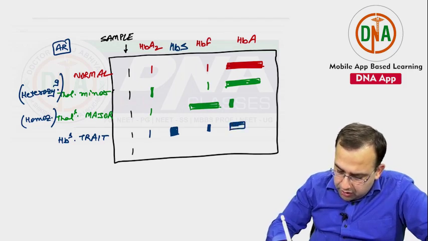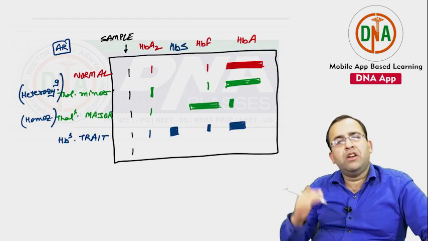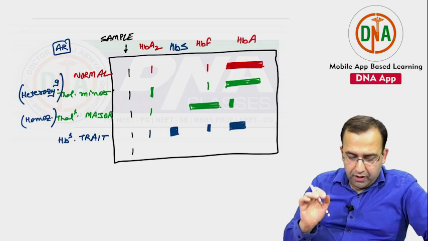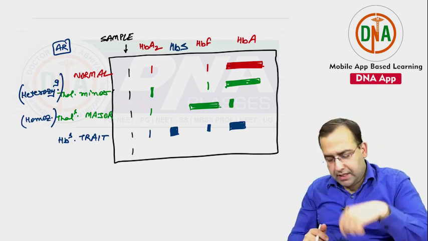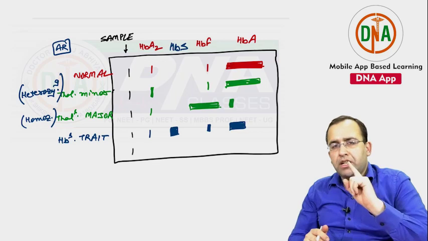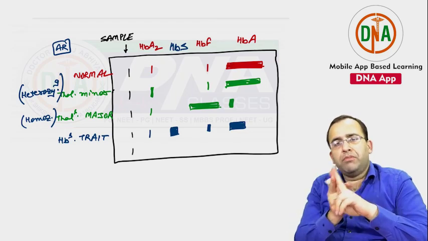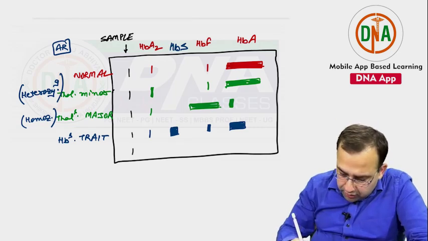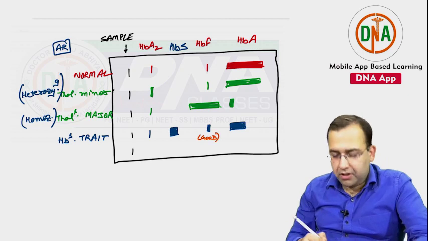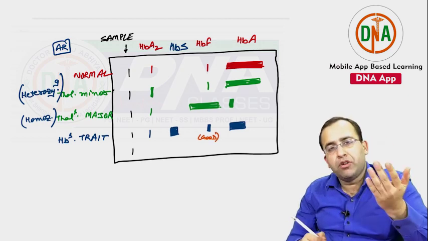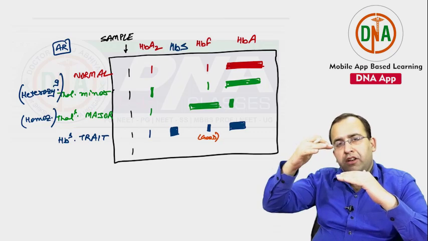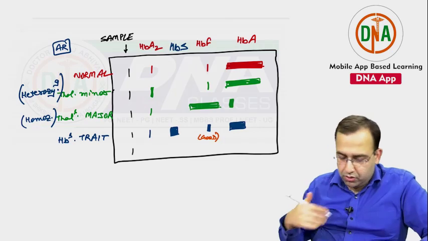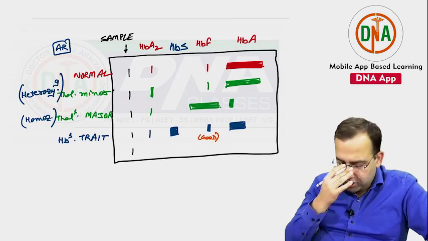To the extent to which HbS and HbF was elevated, HbA will be reduced, because again total has to be 100%. Now my question to you is, in sickle cell trait, HbF was slightly increased. Is this good for the patient or bad for the patient? HbF is increased. This is good for the patient. Why? Because HbF has a higher affinity for oxygen. If HbF is high, deoxygenation or polymerization of HbS will be reduced. So elevated HbF is good for the patient.